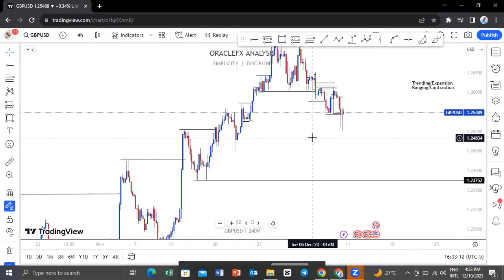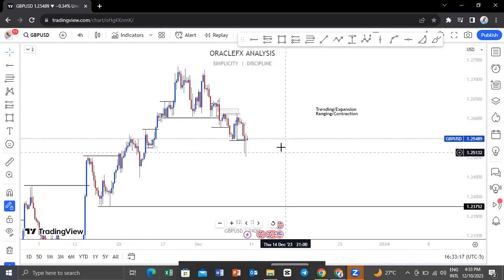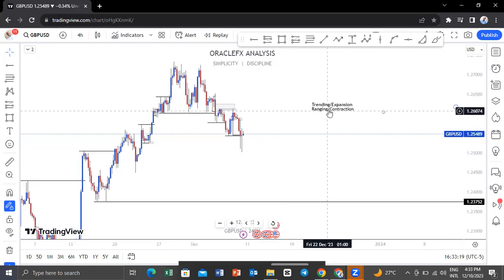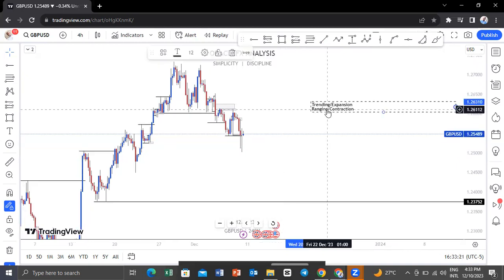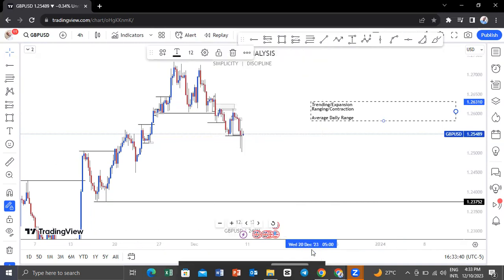The last concept I would like you to go and research is ADR, what they call the average daily range. I've told you this before, I don't know if you can remember.